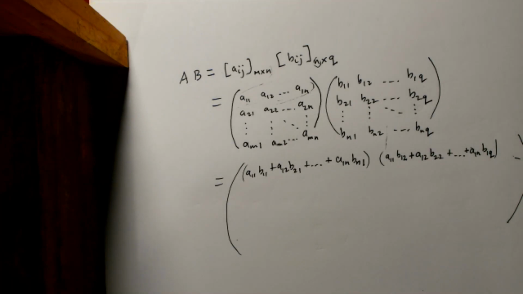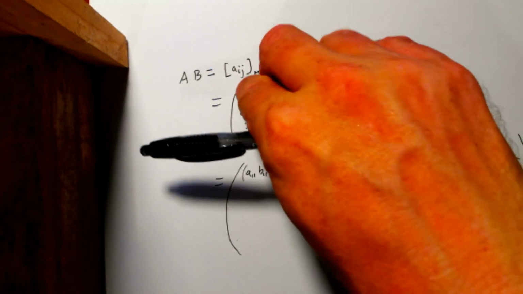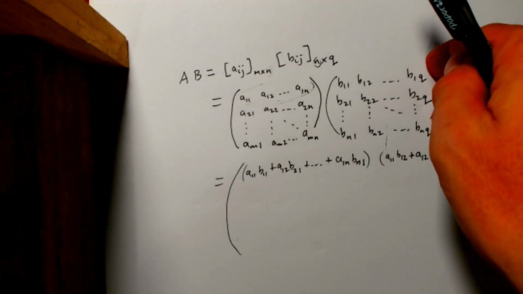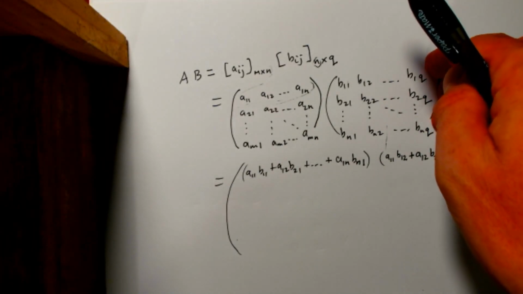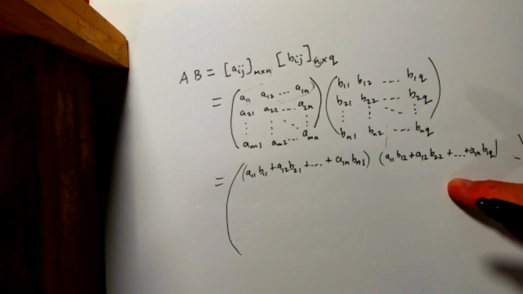Now once you've done the last entry in the product, so first row times last column, and add the result, then you move on to your next row of the product.